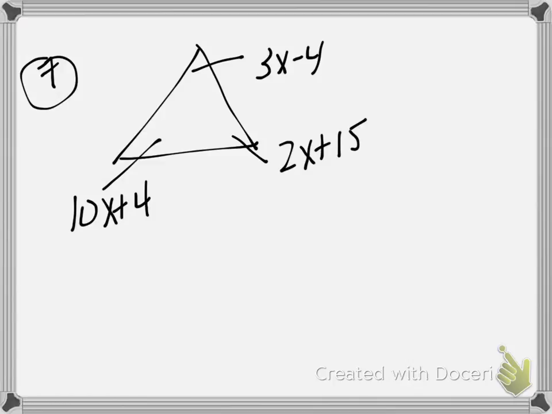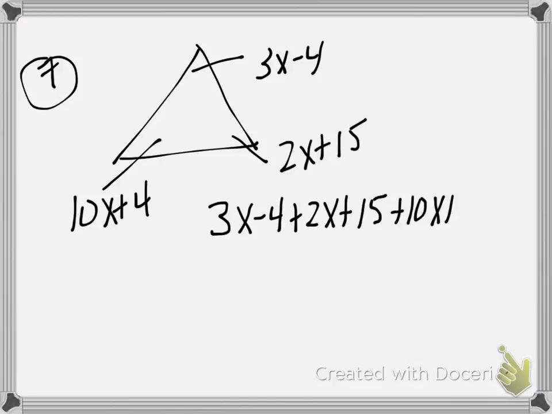And they're asking us specific questions, if it's scalene, obtuse, acute, all those things. So the only way we'll know what that is if we figure out how much each angle is. So we're going to add them together. And we know they have to equal 180 degrees.